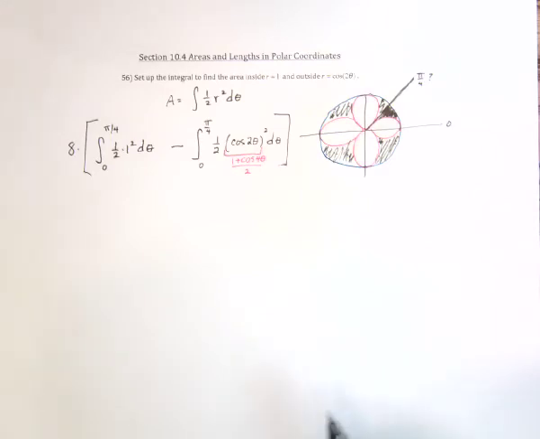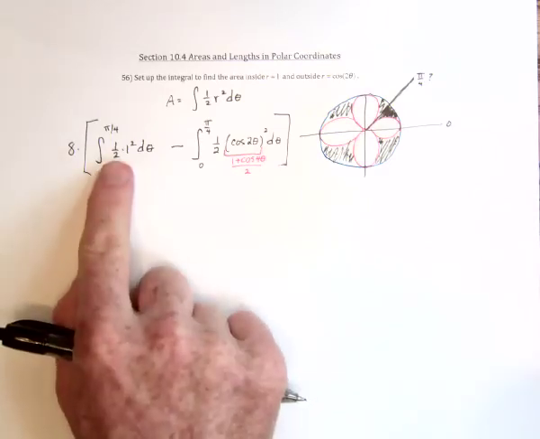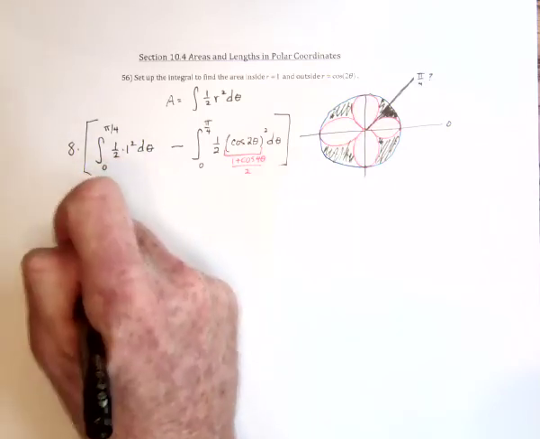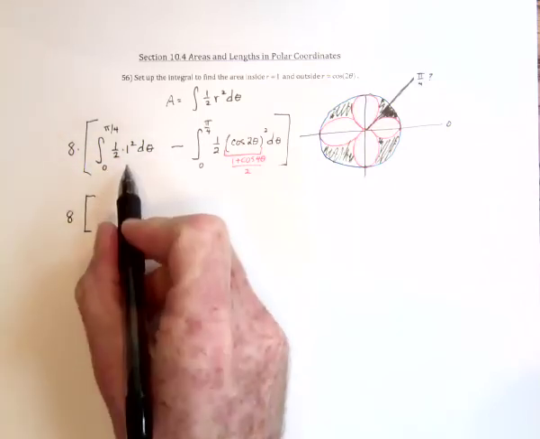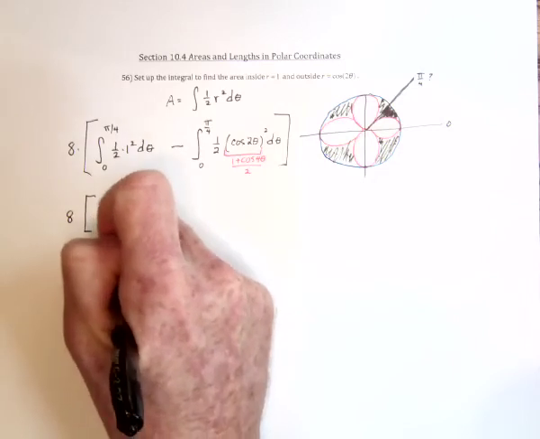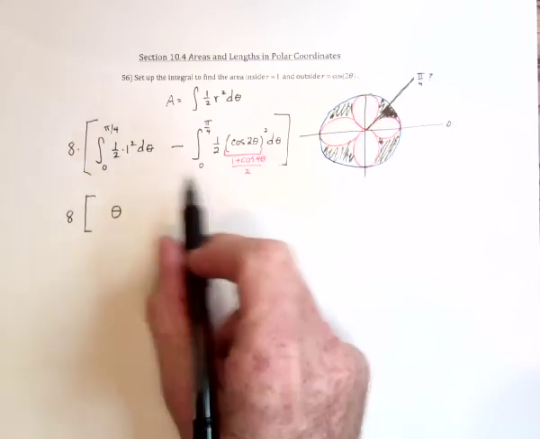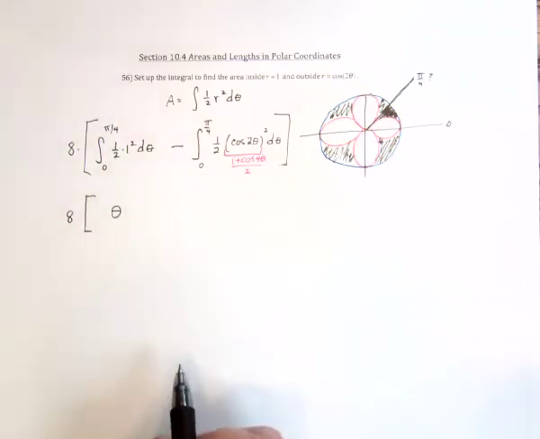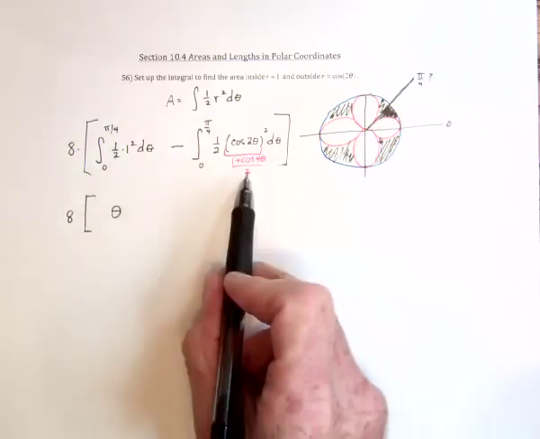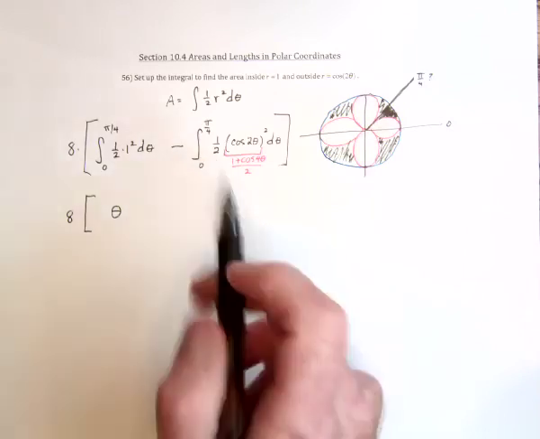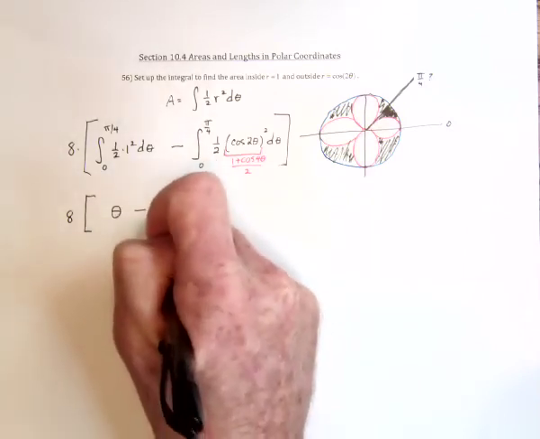Alright, let's see. So this one is just going to be a 1/2 that can be factored out. And then integrate the d theta, it becomes theta. Since the limits are 0 to pi over 4 for both, I can just do that at the end. And then for this, it's got a denominator of 2 and a denominator of 2, so that's a 1/4 that can be factored out.